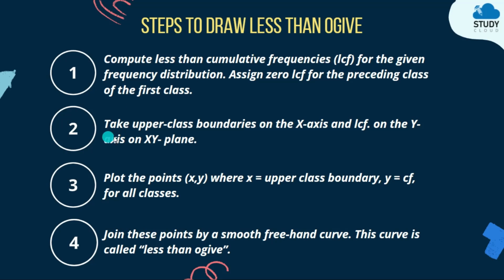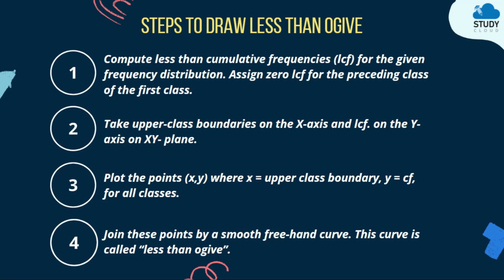Then take upper class boundaries on the x-axis and less than cumulative frequency on the y-axis on the xy plane. Upper class boundary means, if the class is like 20 to 40, then your 40 will be the upper class boundary, which will lie on the x-axis, and the CF will be on the y-axis.